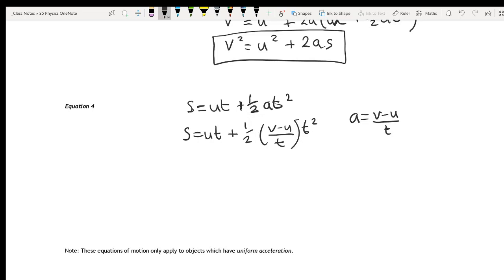Right, so we can then get rid of that t and that squared. So now we've got v minus u, t. So ut plus half v minus ut.